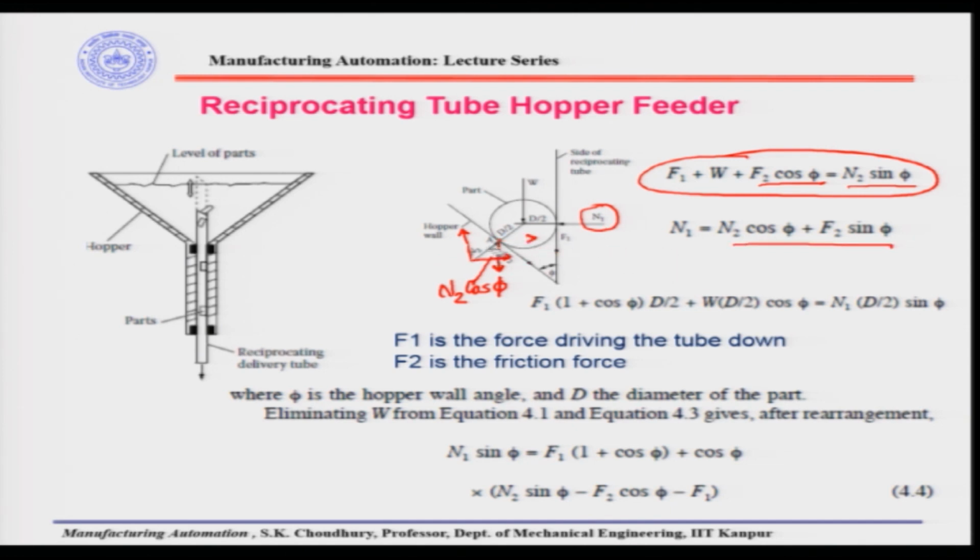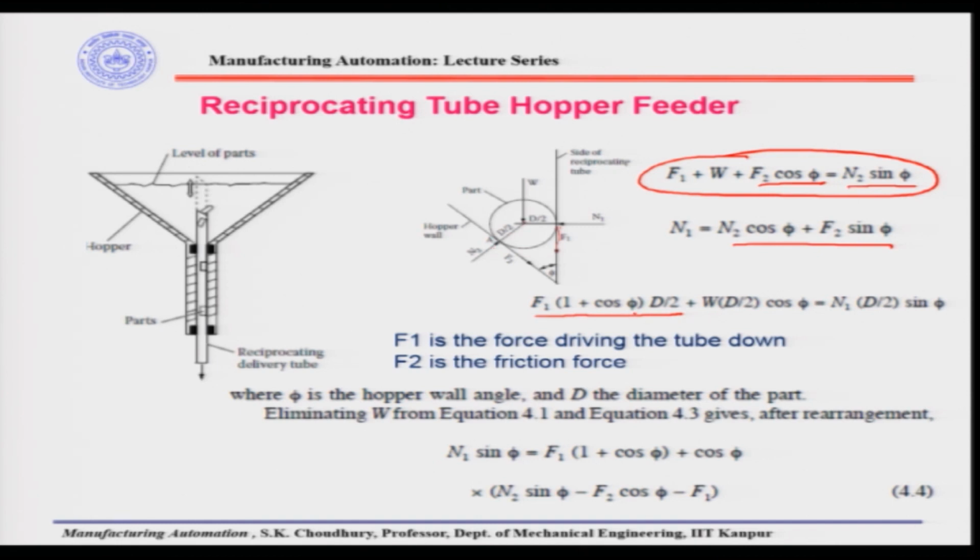Now, let us say this is the point A. About that point, all the moments that are being produced: F1 is carried over up to this, so this will be F1 into d by 2, plus F1 cos phi into d by 2, because it is inclined.